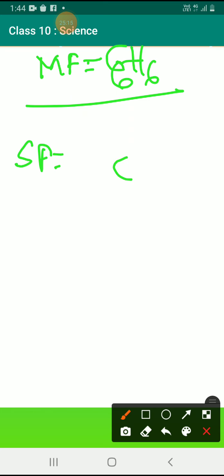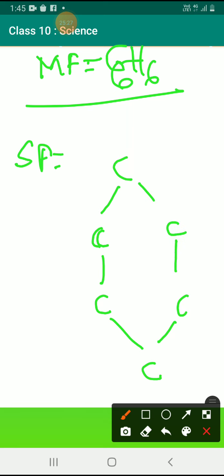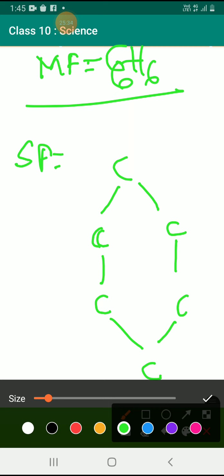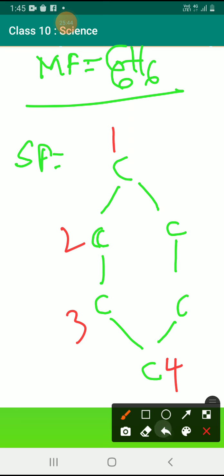One C you draw like this, another C, then the third C, the fourth, the fifth, the sixth. You can see here 1, 2, 3, 4, 5, 6 C we have drawn.